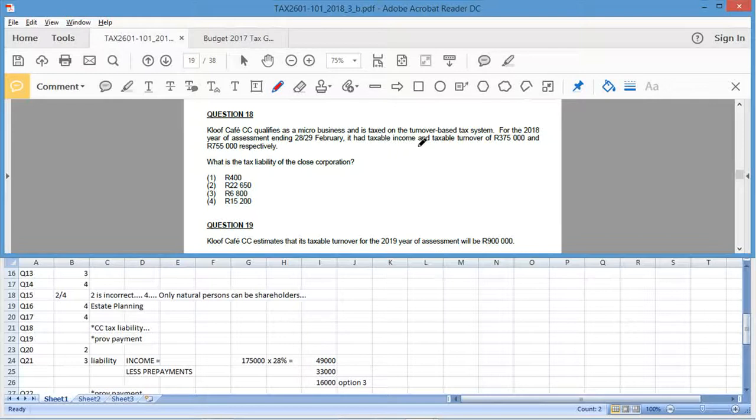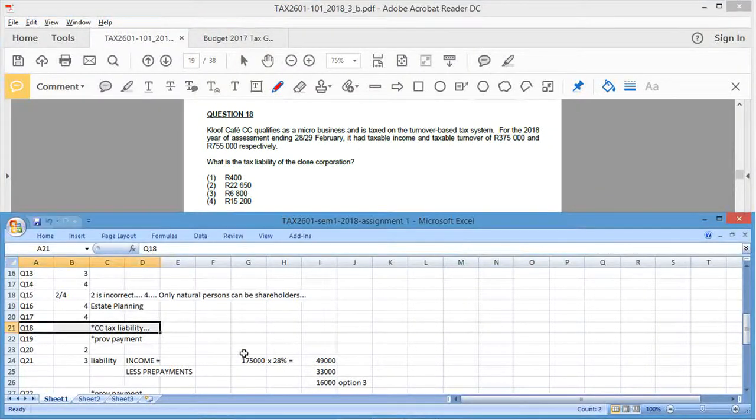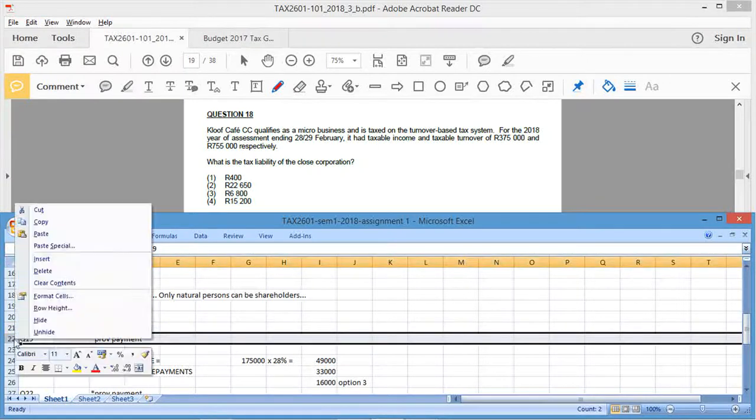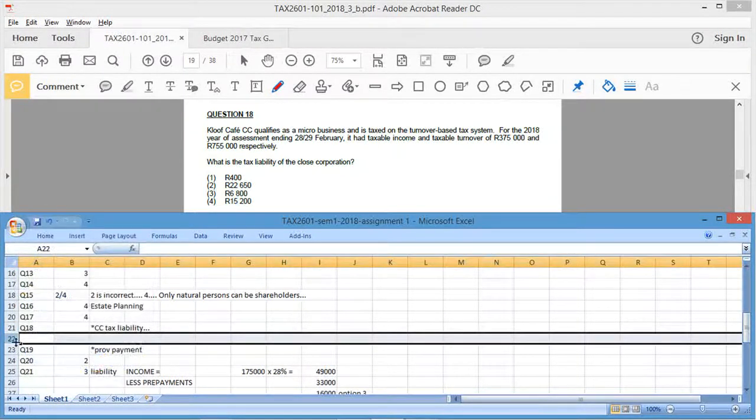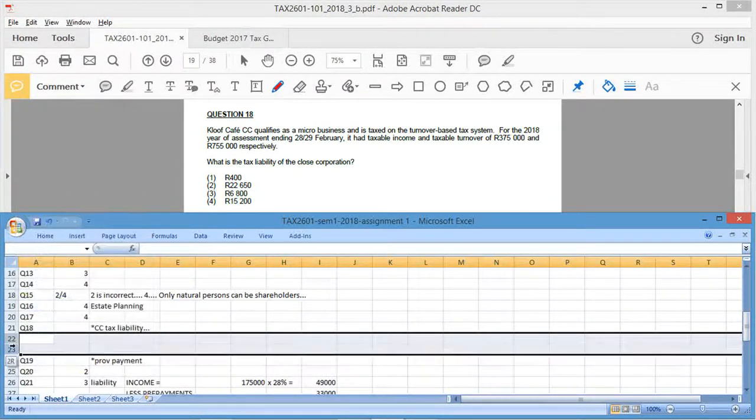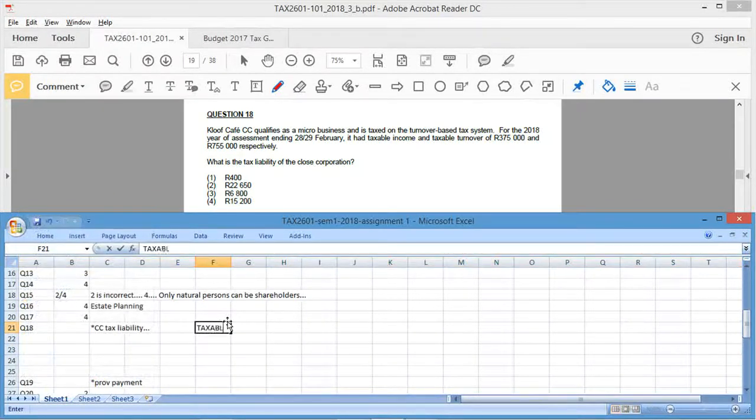So it had taxable income and taxable turnover of that and that respectively. Taxable turnover is 755. That's important. 755,000 is the taxable turnover.